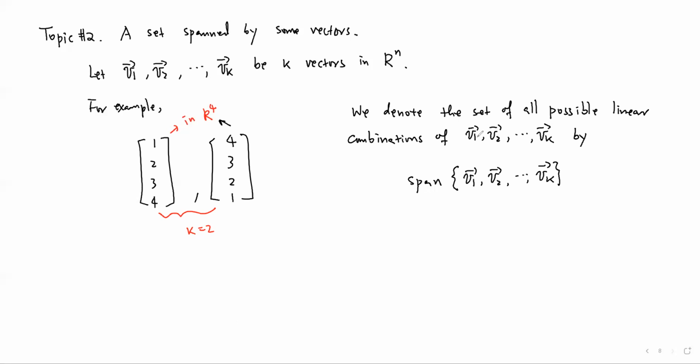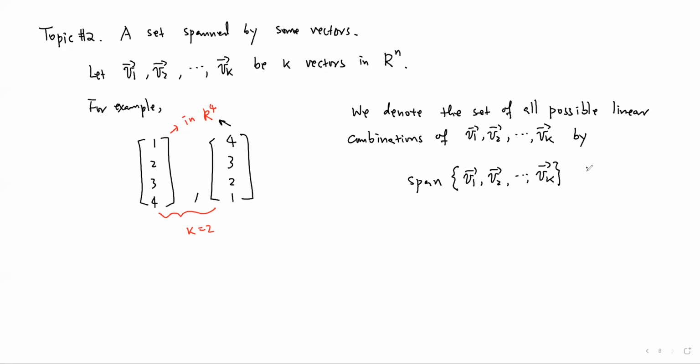Because each vector is in Rn, a linear combination is still a vector in Rn.